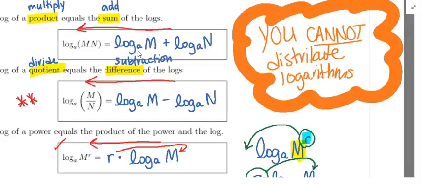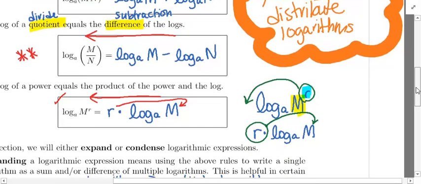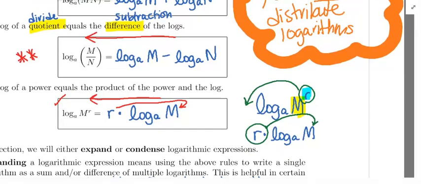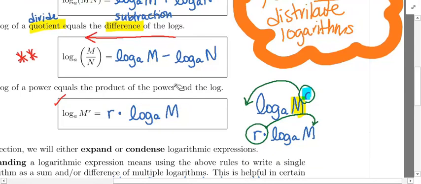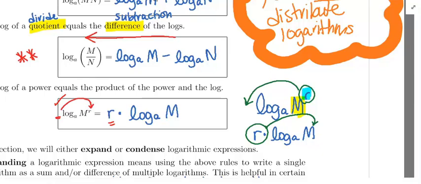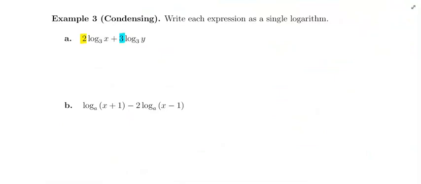We are going to use the third property here in reverse. What we're seeing is a number being multiplied out front of the logarithm, so we're going to go backwards, and the number that's out front, we're going to move it up as the exponent on the quantity we're taking the logarithm of. That's always where you want to start in the condensing process.